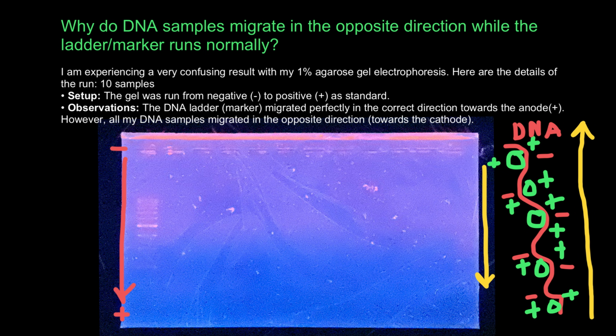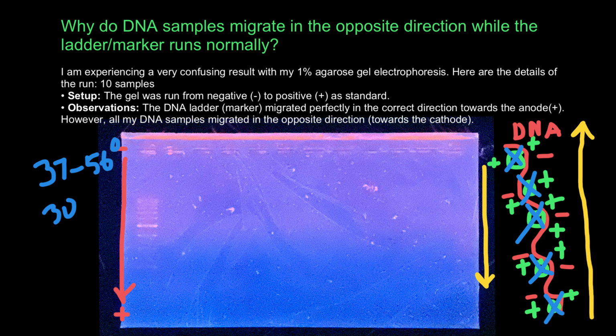So what would be the troubleshooting recommendations? In order to resolve this issue and salvage your samples, try the following steps in your next run. Perform a proteinase K digestion. Treat a small aliquot of your sample with proteinase K, 1 to 2 micrograms, at 37 to 56 degrees Celsius for 30 minutes.